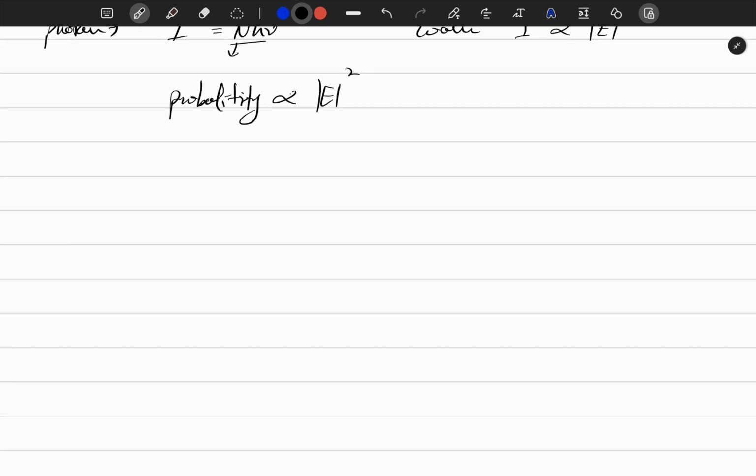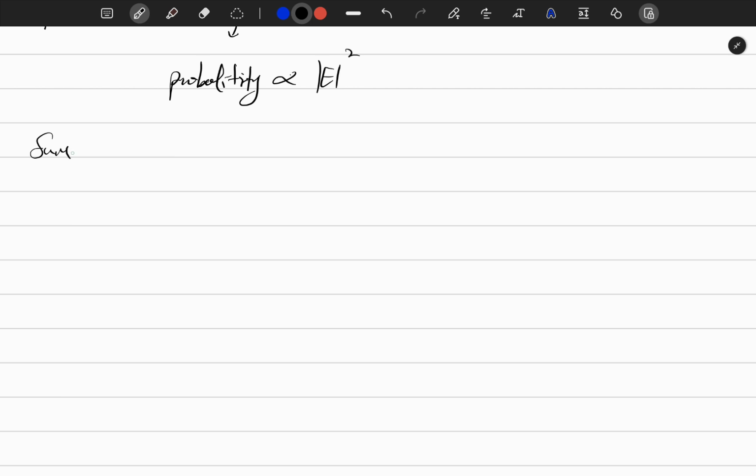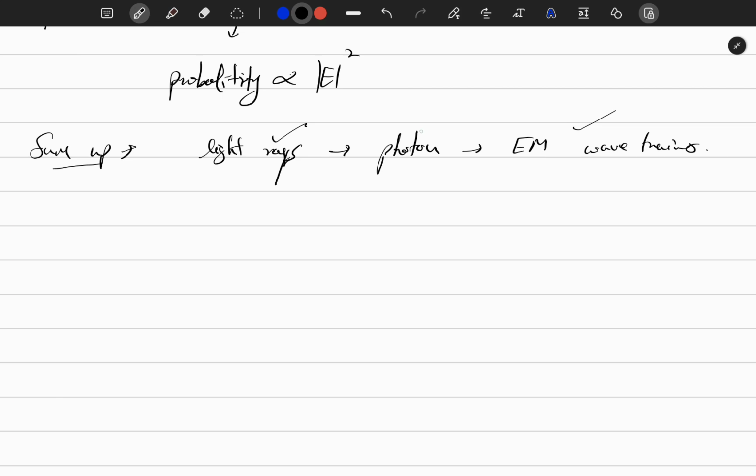To sum up, so let's sum up here. So light rays, okay, they consist of photons, which are basically electromagnetic wave trains. Okay, we use all the three descriptions, namely rays, waves and photons, appropriately to describe the behavior of light.